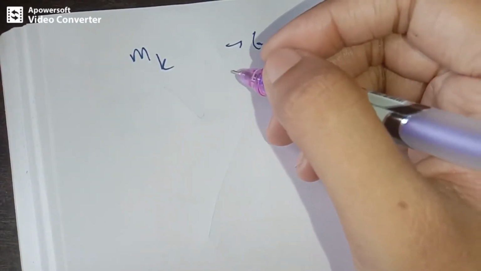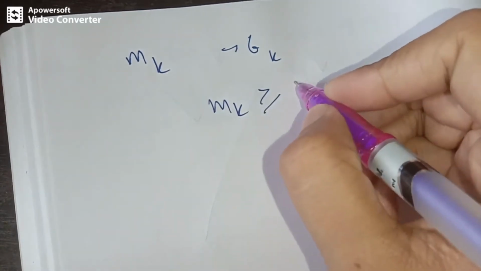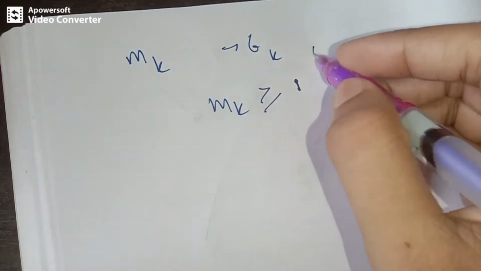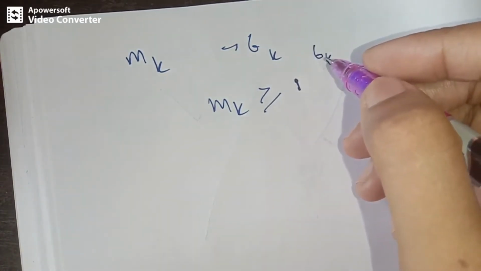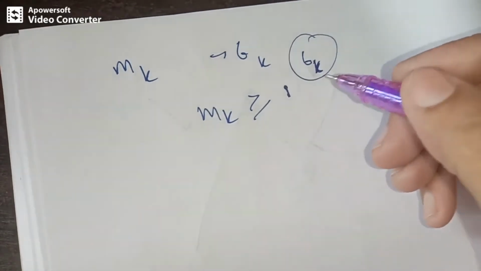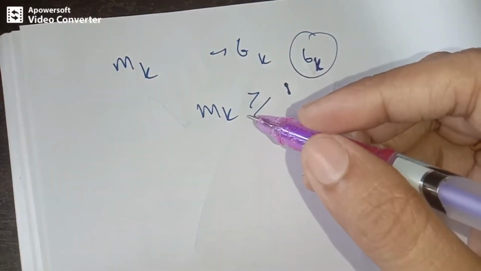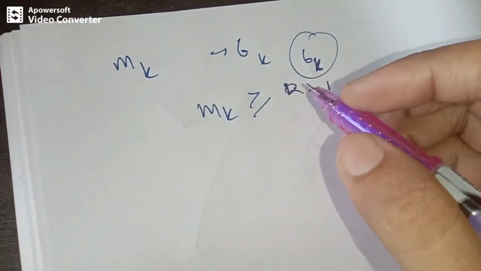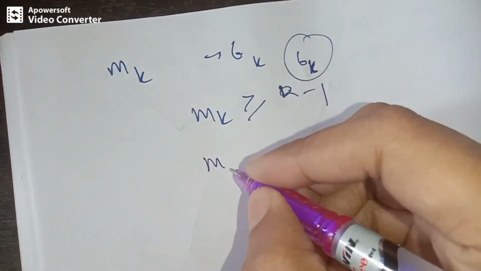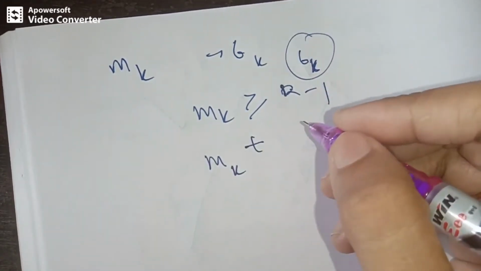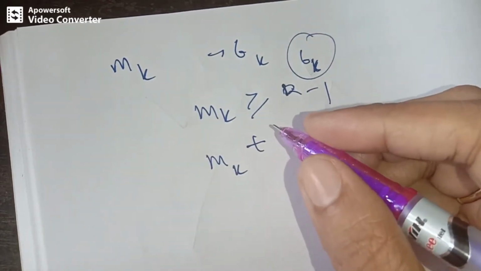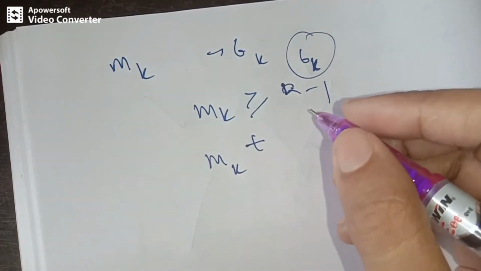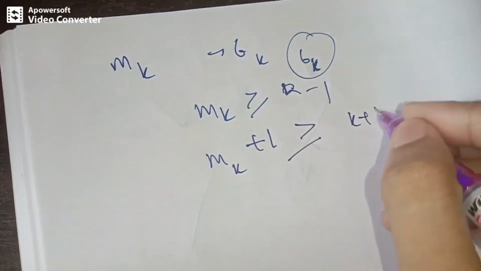According to the assumption, the number of edges is greater than or equal to the number of vertices minus 1. In graph Gk, n is equal to k, so we know that the number of edges mk is greater than or equal to k minus 1. Consequently, we can write it in an equivalent form: m k plus 1 is greater than or equal to k plus 1.